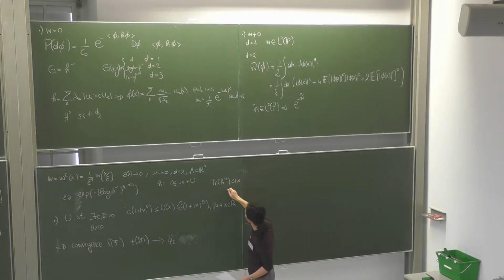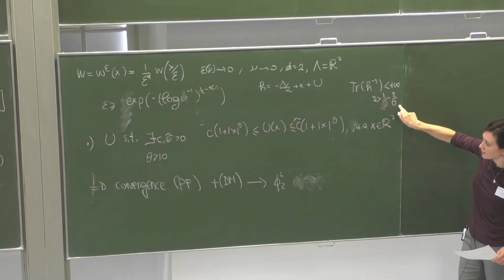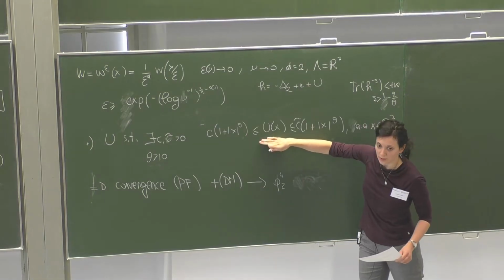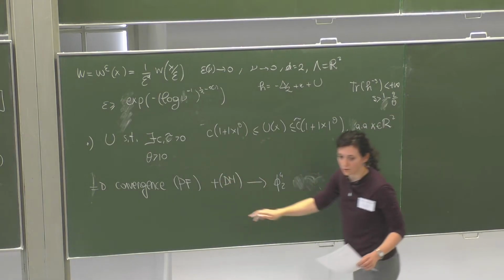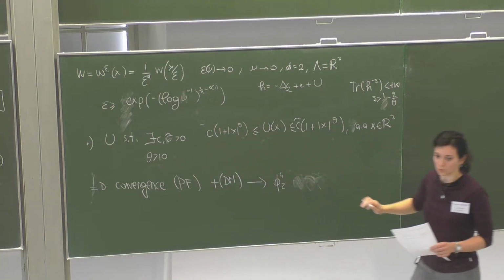And s is linked to theta, it is one minus 2 over theta, if I'm not mistaken, and this theta is the lower bound that we take on u of x, and actually we have some constraint on how the polynomial growth of u has to be.